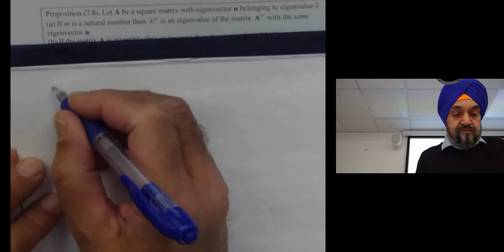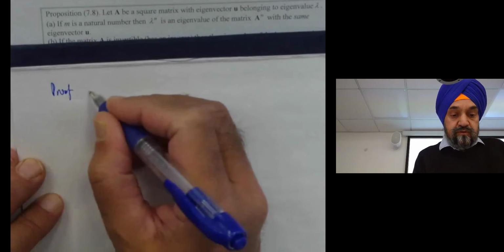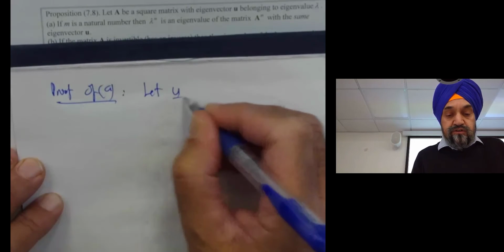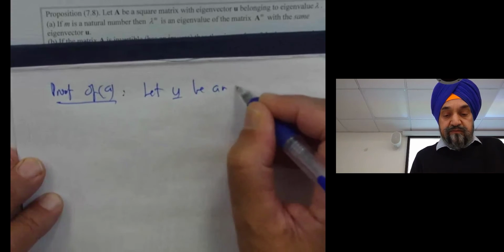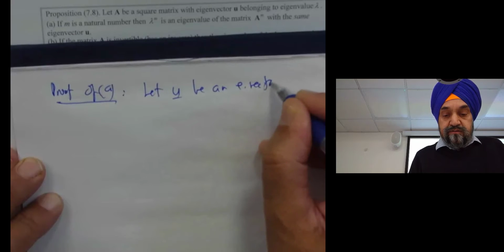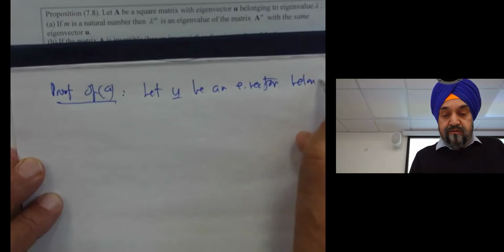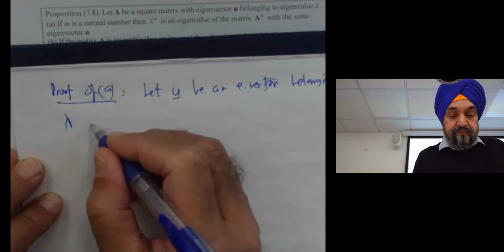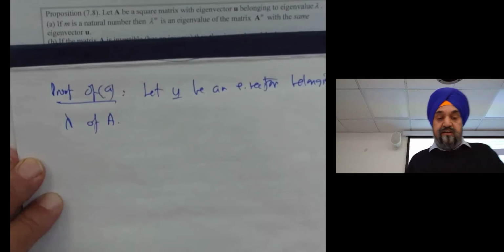Let's prove this. How do we know that A^M is going to have an eigenvalue lambda^M, if our eigenvalue of A is lambda? How do we prove this? Proof: well, let U be an eigenvector belonging to lambda of A. A is any matrix.